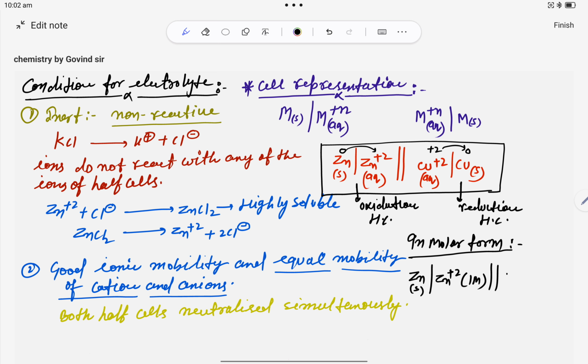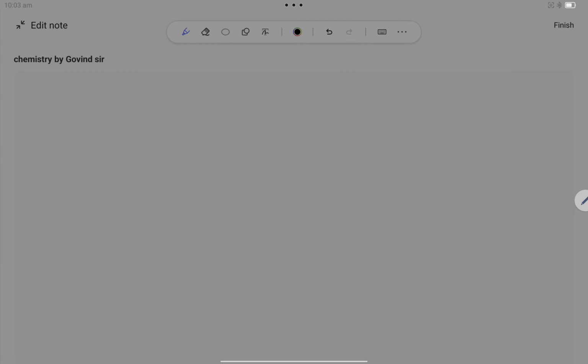Suppose 1 molar, then Cu2 plus, 1 molar, copper solid, like that you have to represent. In aqueous solution you have to write molarity, that's it.